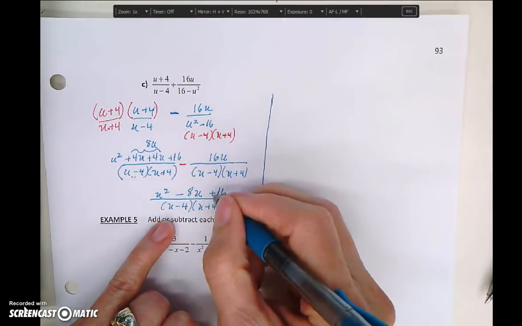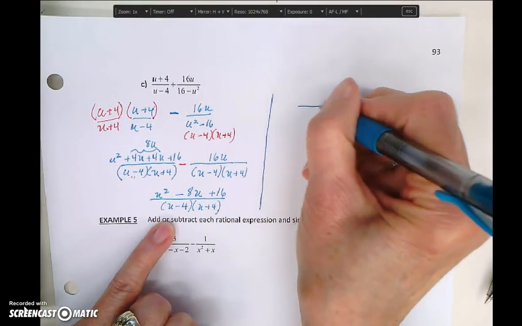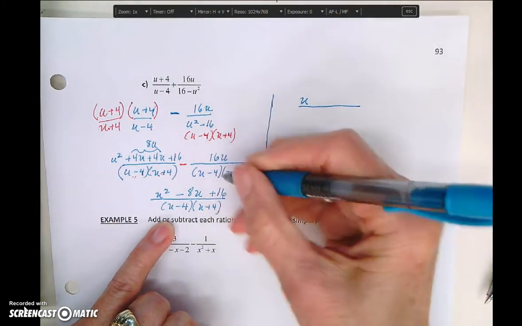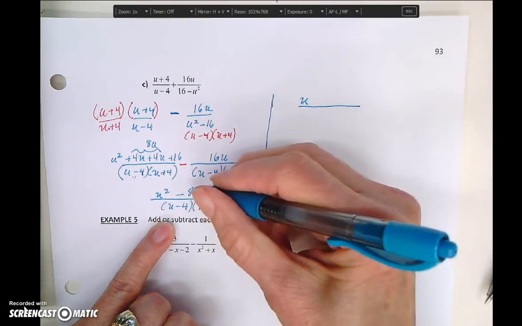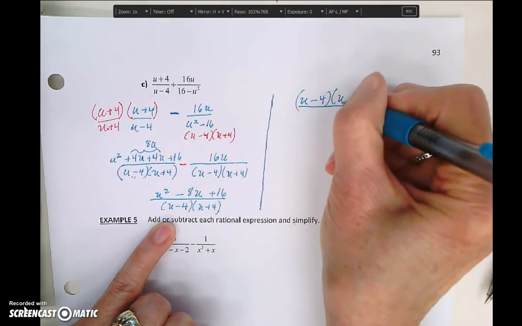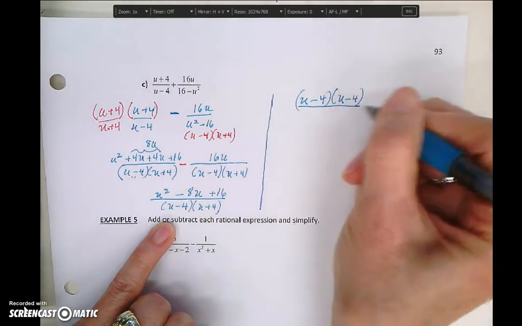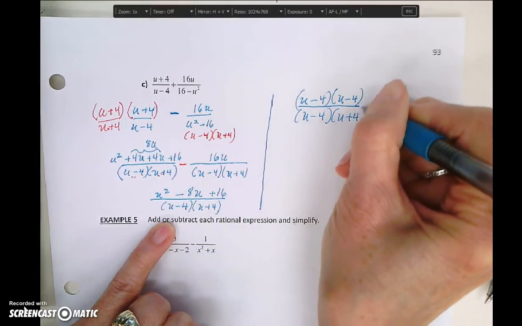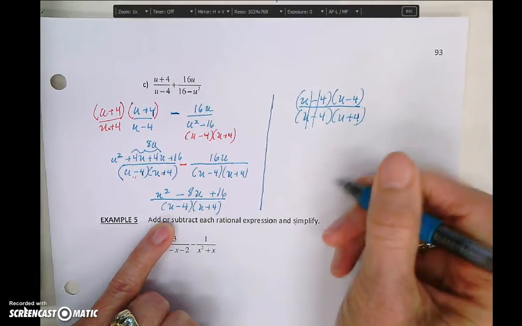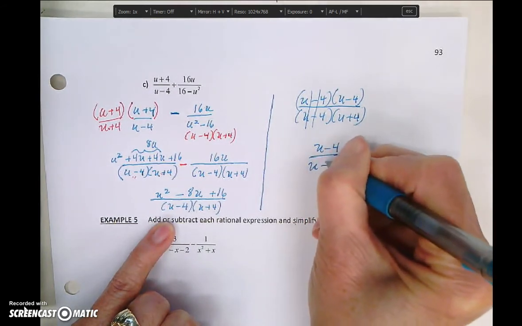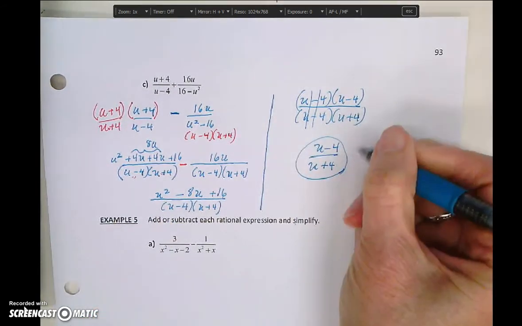I'm thinking this is going to factor, so my numerator becomes u. Let's see, two numbers that multiply to be 16 will be 4 and 4 and add to be 8. So u minus 4, that was some AC factoring, over u minus 4, u plus 4. So the u minus 4's cancel, and my final answer is u minus 4 over u plus 4.